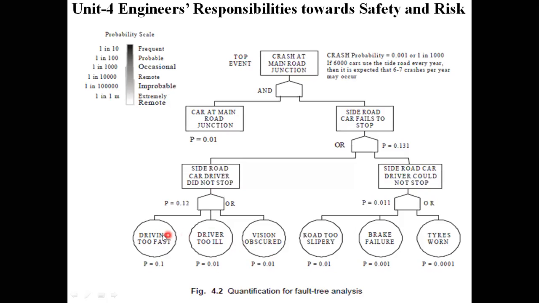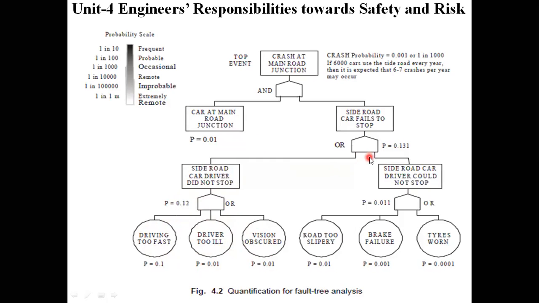All these three cases should be considered for this side road కార్ డ్రైవర్ డిడ్ నాట్ స్టాప్కి. ఈ త్రీ కేసెస్ కూడా సమ్మేషన్ చేసుకొని చూసుకోవాలన్నమాట. వి షుడ్ యాడ్ అప్ దీస్ త్రీ కేసెస్, అండ్ దిస్ ఈస్ ద రీజన్ వై దిస్ ఈస్ ద సైడ్ రోడ్ కార్ డ్రైవర్ డిడ్ నాట్ స్టాప్ రీజన్. దట్ ప్రాబిలిటీ ఈస్ 0.12. దట్ మీన్స్ ఇక్కడ ఏంటి, ఇక్కడ 0.1 ఉంది కదా, ప్లస్ 0.01 ప్లస్ 0.01, దట్ ప్రాబిలిటీ ఈస్ 0.12.